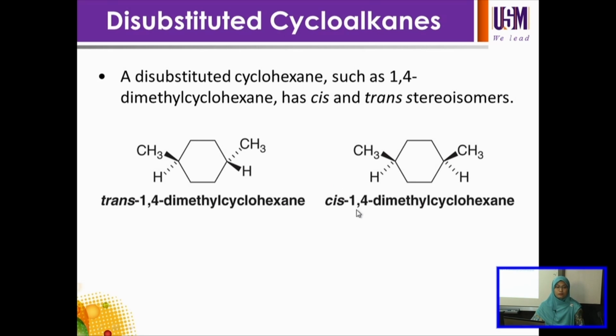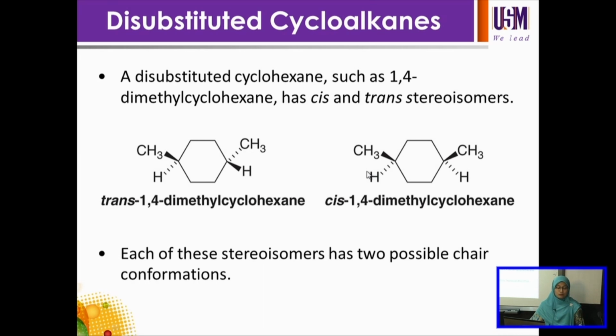Then we have cis-1,4-dimethyl cyclohexane, where both methyl groups are facing the same direction, towards us. Each of these stereoisomers has two possible chair conformations, so in total we should have 4 chair conformations.